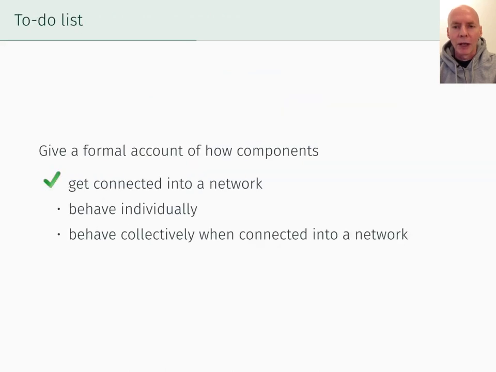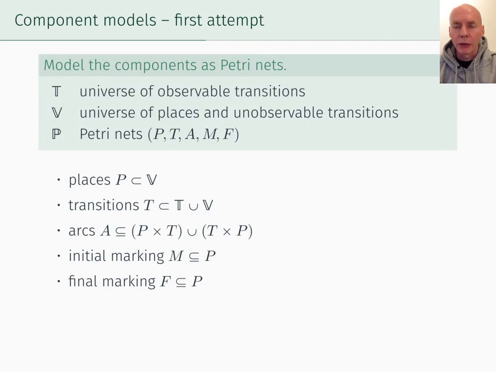And we have, at last, something to check off our list, the matter of describing how anything can be connected into a network. Next up, we'll have to take a look at delay-insensitive component semantics. We saw previously that open Petri nets could be useful as component models.